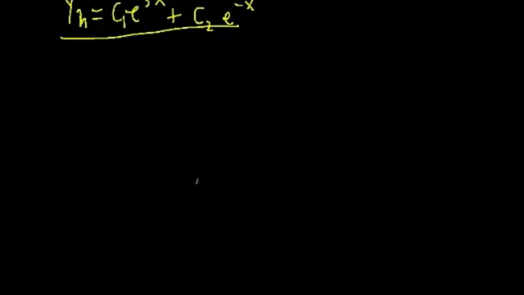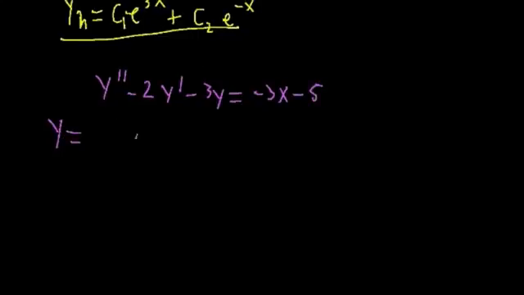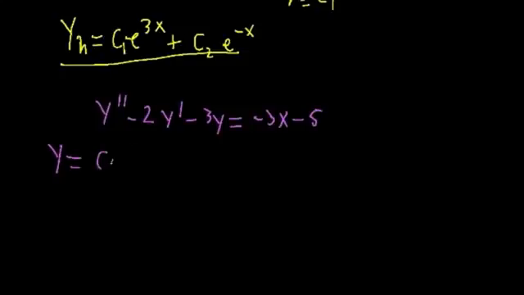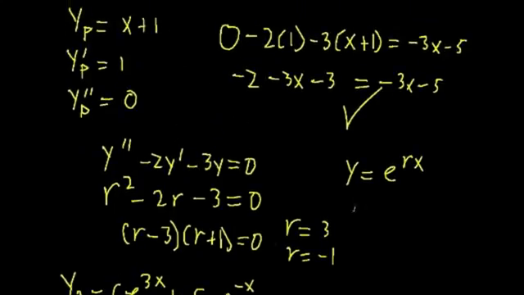Just mix up the colors a bit. So y double prime minus 2y prime minus 3y is equal to negative 3x minus 5. And this time we're going to test out y is equal to our homogeneous solution, c1 e to the 3x plus c2 e to the negative x, plus this particular solution, x plus 1.